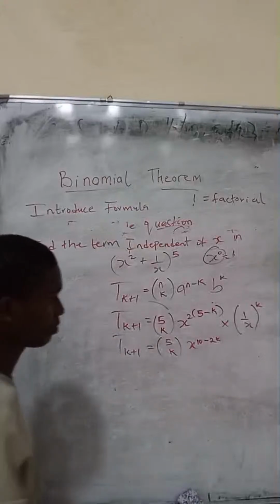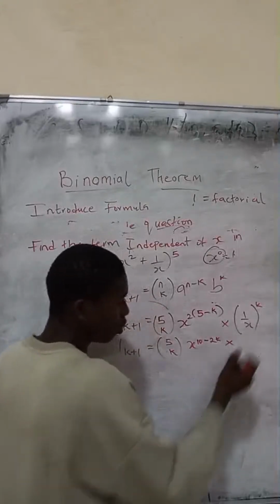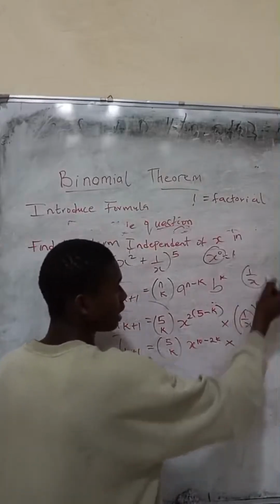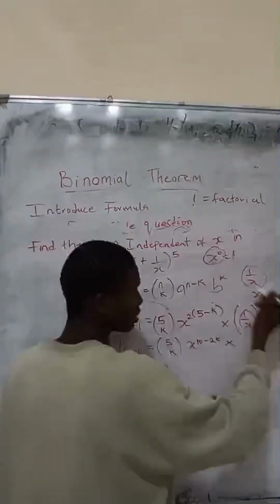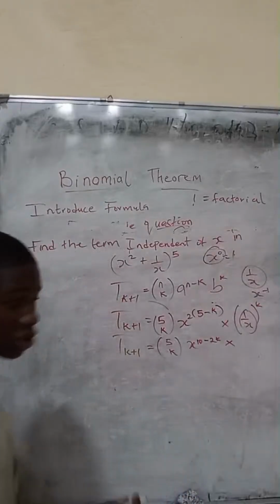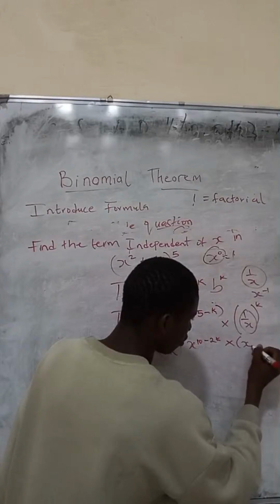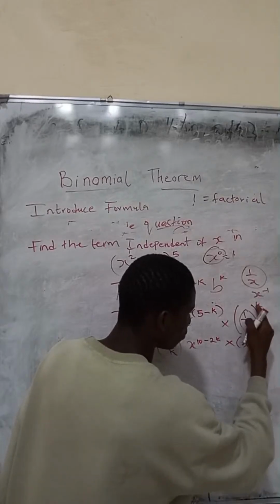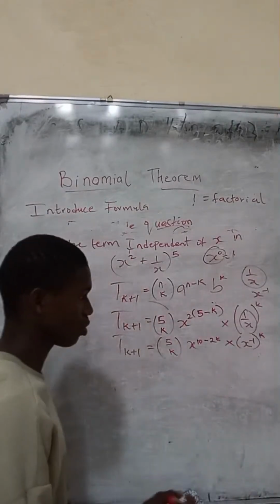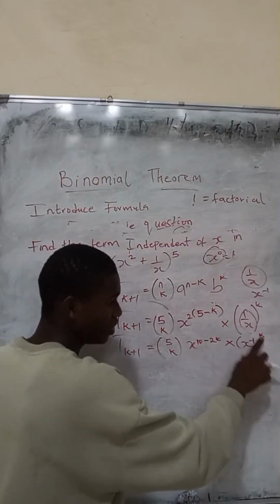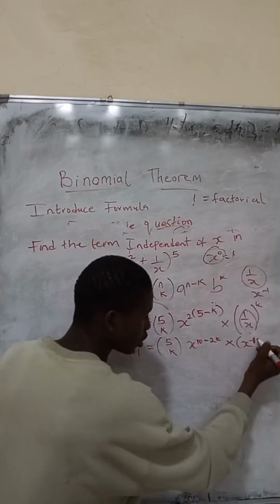Then we multiply by 1 over x, which is the same thing as x inverse, that is x raised to the power of minus 1. So x to the power of minus 1, all to the power of k, means x raised to the power of minus k.